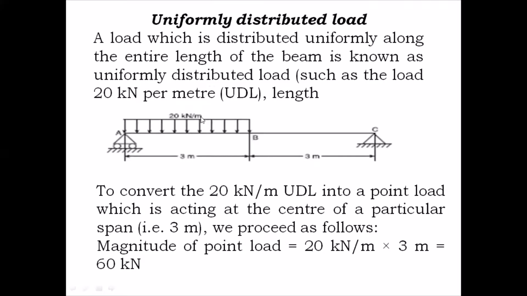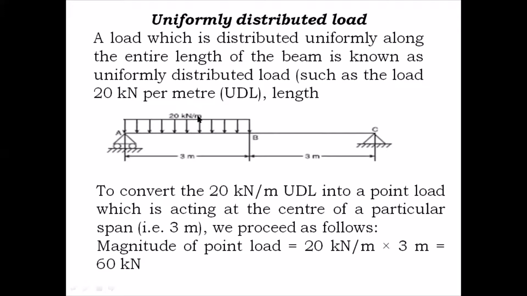So the intensity here is given per meter length, means per unit length it is given. So in the diagram, the beam of span 3 meters is subjected to a uniformly distributed load, that is 20 kilonewton per meter.